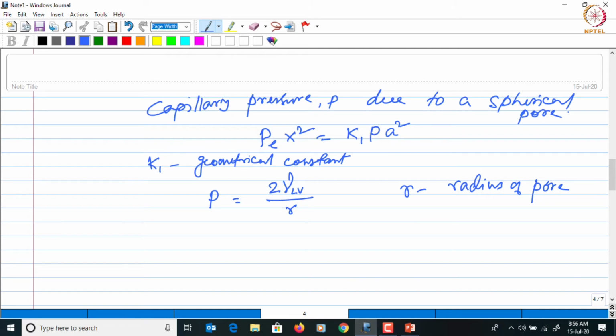So now if you substitute P in this equation, then we get PE as this.